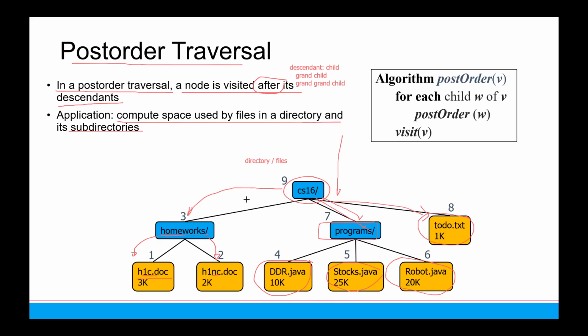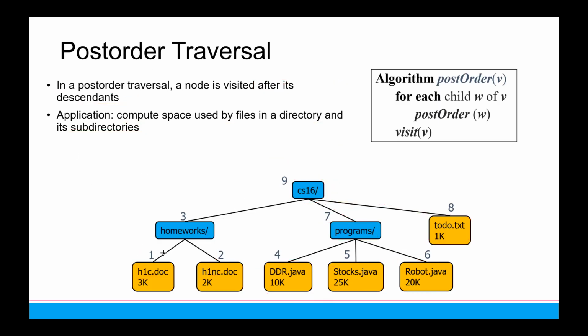Then in order to do this post order traversal, you start from the grandchild. So in this post order v, we want to check the child. Is there any child of this v? For each child w of v, post order w, and you can check this one.